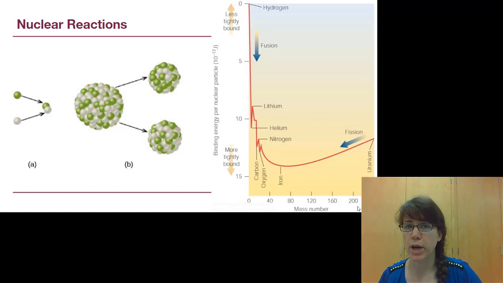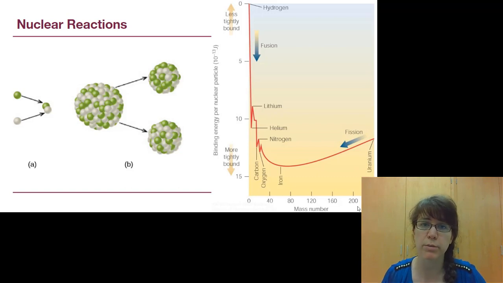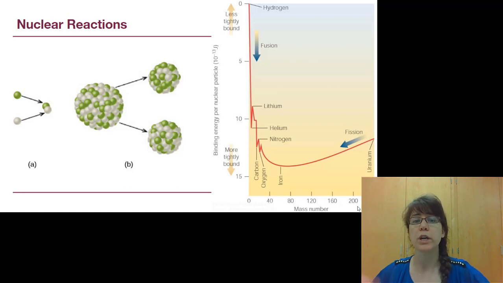When we go from right to left on the chart, we're going from bigger mass numbers to smaller mass numbers, and that means we're going through fission. We can go in either direction as far as we want to, but if we're trying to get energy out of the process, if we're trying to produce energy, we have to go down this curve. We have to go from higher to lower on the way that this curve is shown.